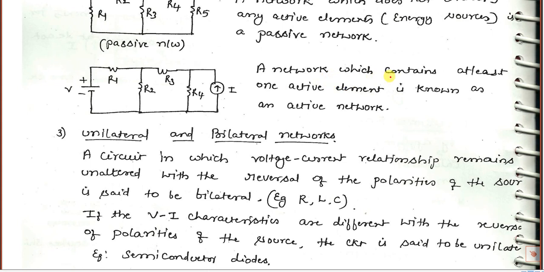An active network is a network which contains at least one active element. Actually in this circuit two active elements are there. Even without this current source, it is still active because the voltage source is active. The current source is also an active element. So if at least one active element is there, then that network is called an active network.